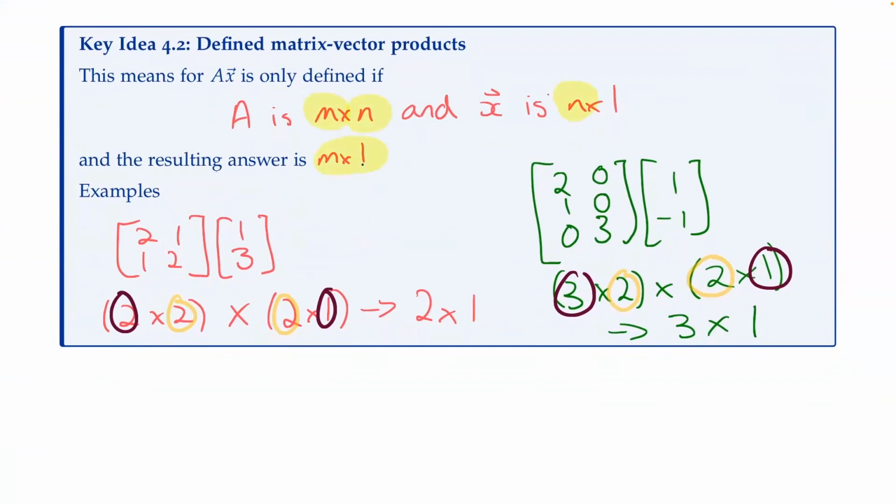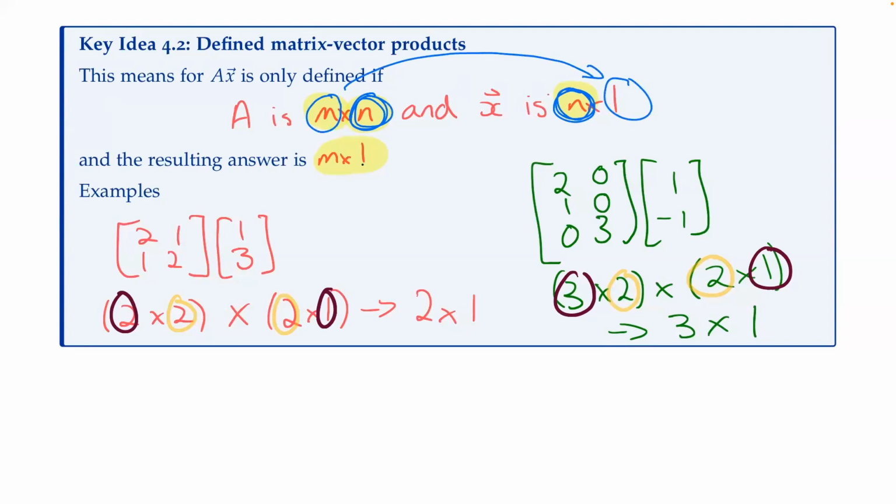So the key thing here is that this n has to match this n here. Okay, if these are 2 different numbers, then our result is going to be undefined. And then what we get out of it has dimension m by 1.